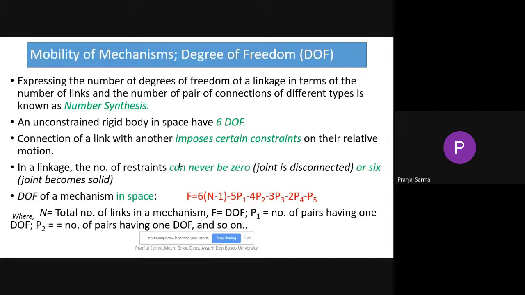So the total number of degrees of freedom, theoretically speaking, if we only consider rigid bodies in space, it should be 6 into n.